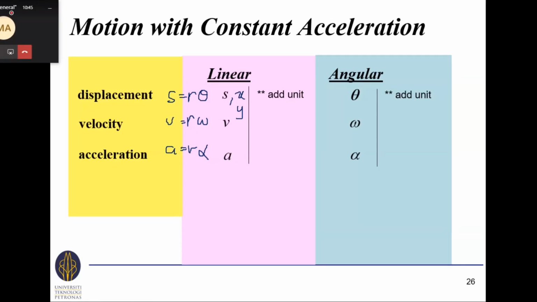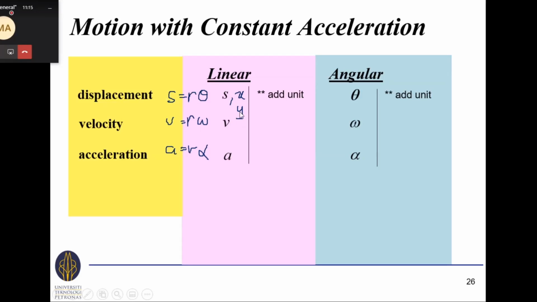So I think I have shared with you, and I asked you to do a little bit of summary on what we have done in the earlier part of chapter 8, where you can use this slide for the guide. For the displacement, velocity, and acceleration, previously we used S, V, and A. Instead of S, you also can use X for horizontal displacement and Y for vertical displacement or height.